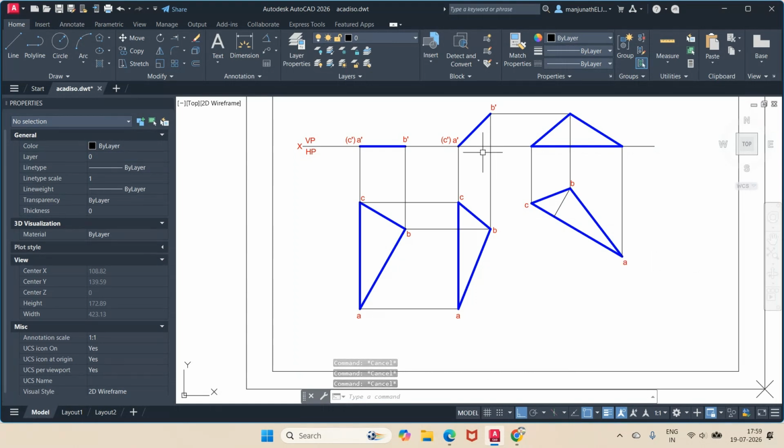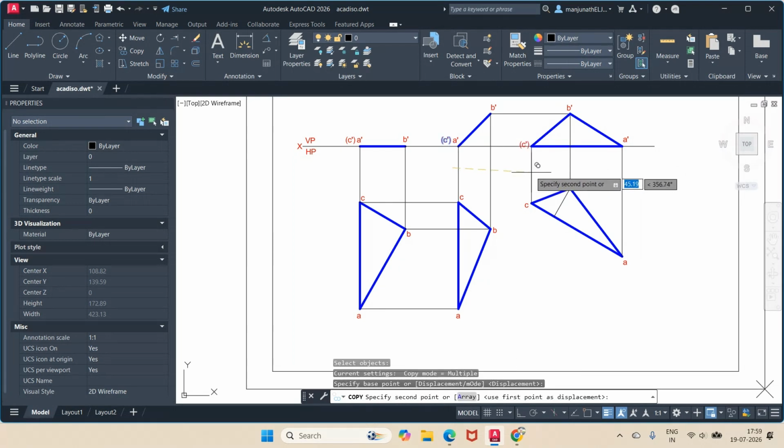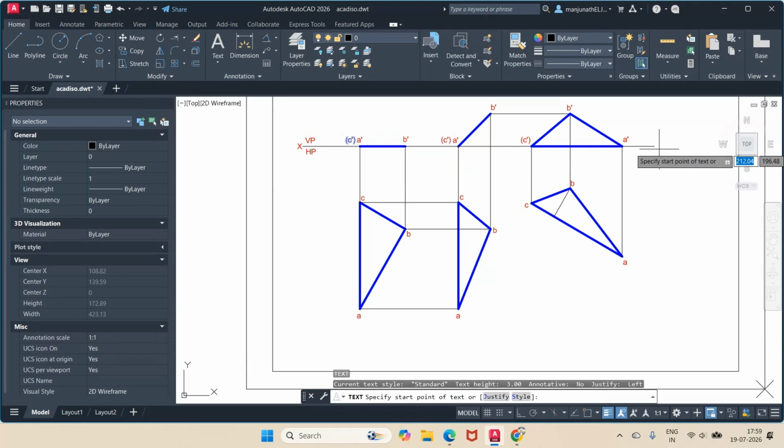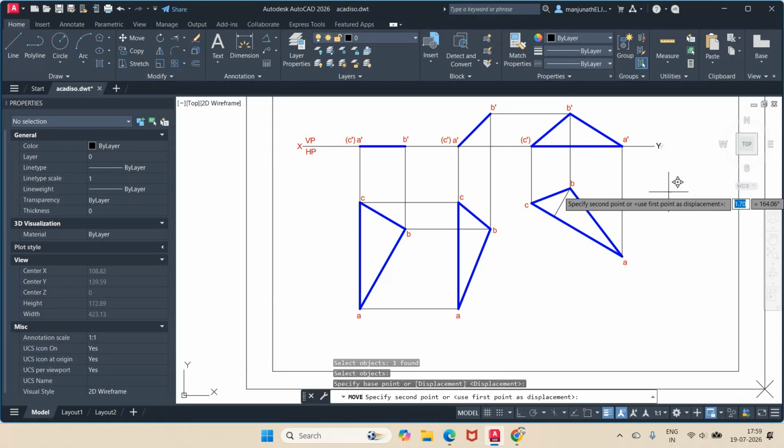So A is here, so I will copy this, remove these two, take A dash and copy this here. Similarly, you take B dash and copy this here. And you take C dash and copy this here. Now you go for D text. Here you type capital letter Y. Then you move this and place it wherever you want.